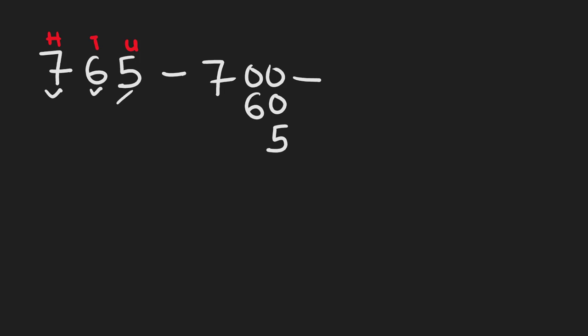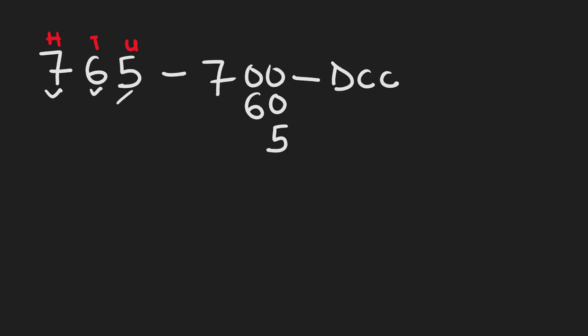765 in Roman numerals. Unit, tens, hundred, right? So this is 700. So 700. Then we have six tens, which is 60. Then we have 5 units, which is 5. And 700 in Roman numeral is what? 700 is usually 500 plus 200.